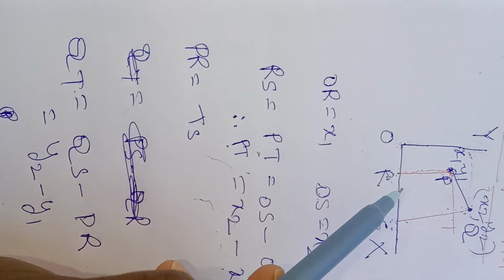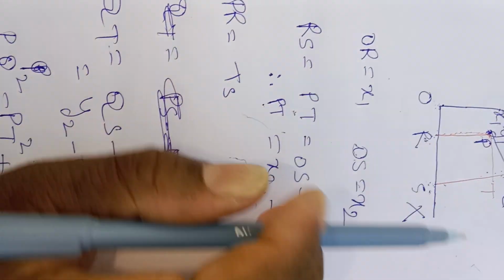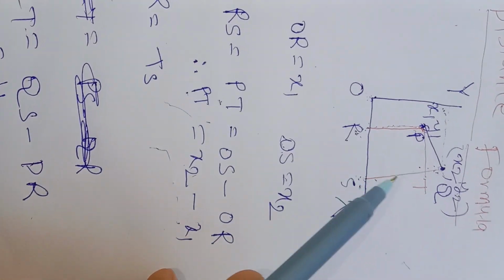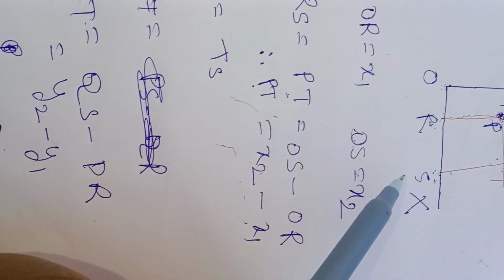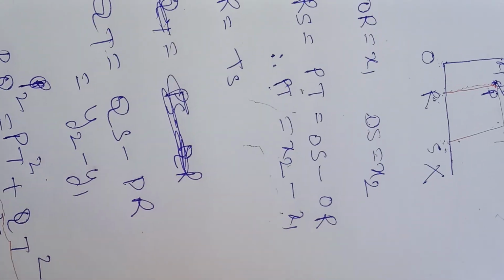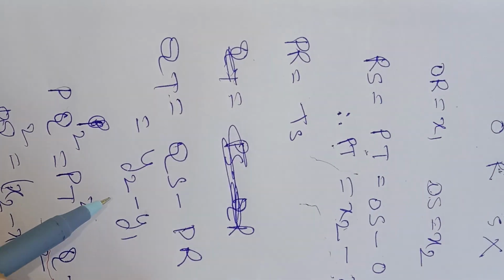TS also corresponds to PR. So QT equals QS minus PR. QS corresponds to y2, PR corresponds to y1. Therefore, QT equals y2 minus y1.